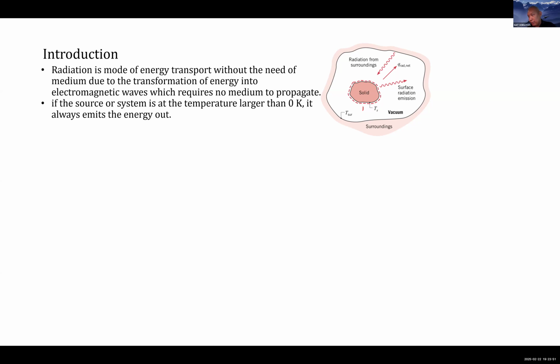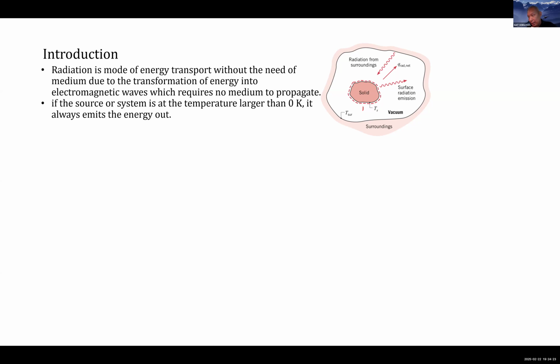The surrounding itself is comprised of so many things, which in reality can have different temperatures. But if you can find the average temperature of all those surfaces combined into the surrounding, the surrounding will have an average temperature. The surrounding acts like an enclosure covering your system.